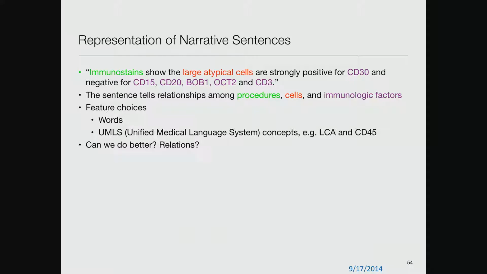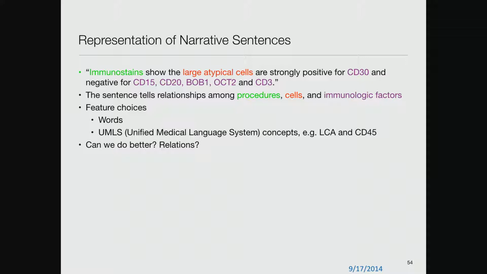And what he did is to say, well, if we look at a statement like this, immunostains show that large atypical cells are strongly positive for CD30, negative for these other surface expressions. So the sentence tells us relationships among procedures, types of cells, and immunologic factors.